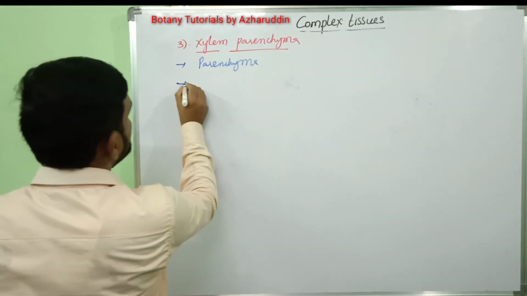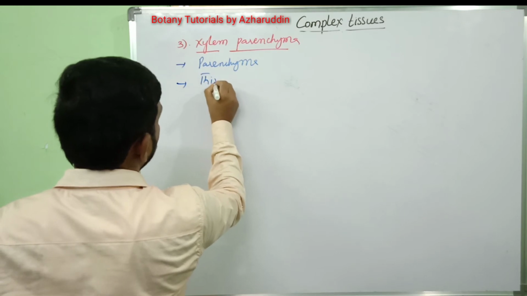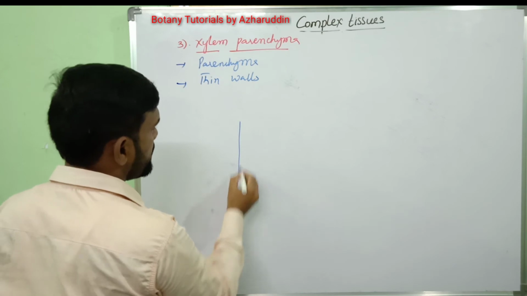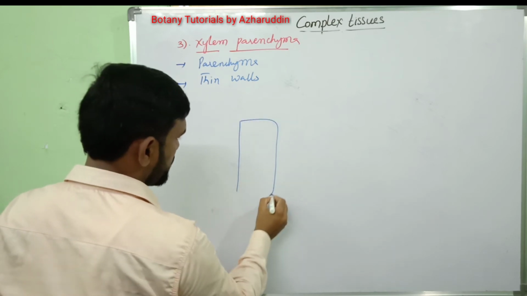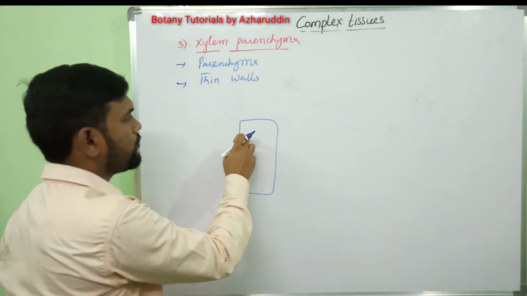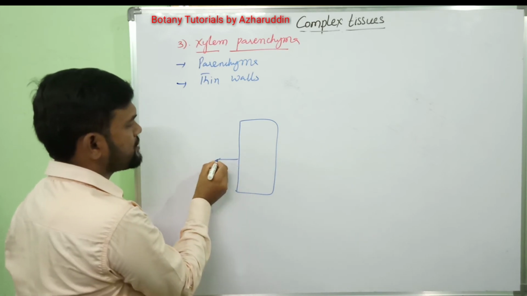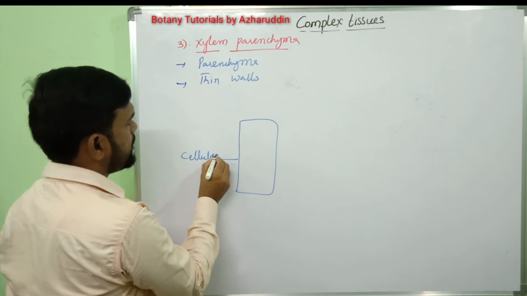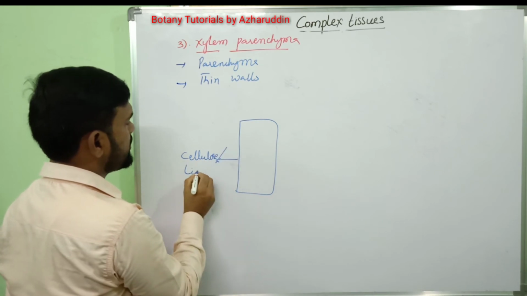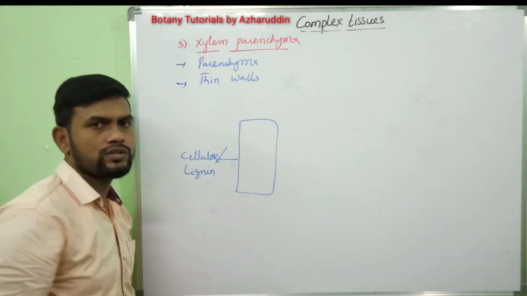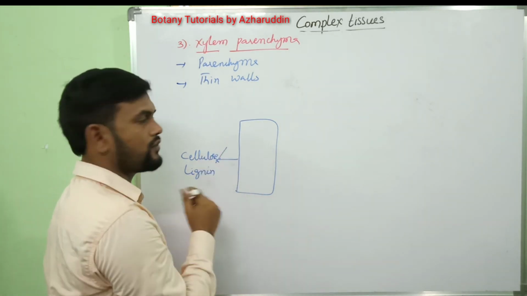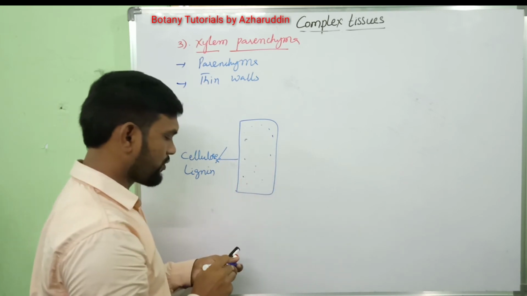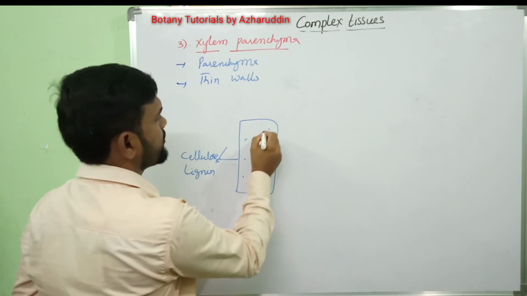They contain thin cell walls. For example, this is a parenchyma cell, comprising thin walls. This cell wall is made up of cellulose, or in some plants lignin. Inner to the cell wall, dense cytoplasm is present. In the cytoplasm, vacuoles are also present.